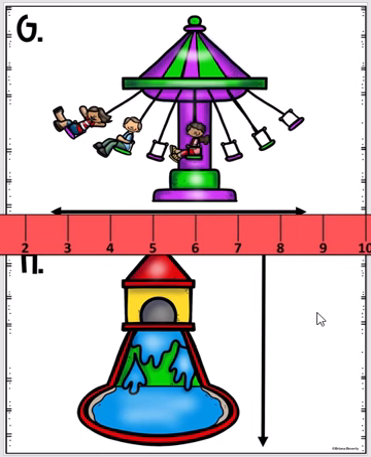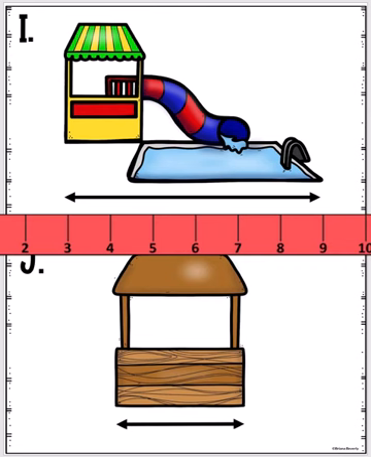So the swings are 6 inches. All right, when you look at our next one, if you measure using your fingers and you move it under, it is about the same as the swings, so it is 6 inches. All right, here is our water slide, the water coaster slide. It starts at 3, ends at 9. To 4 is 1, 2, 3, 4, 5, 6.